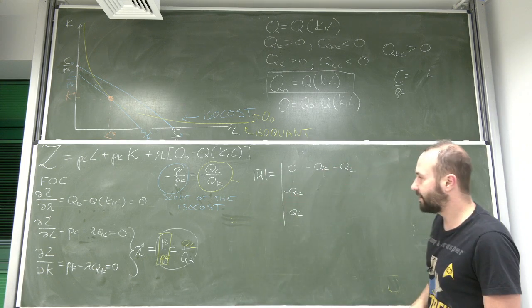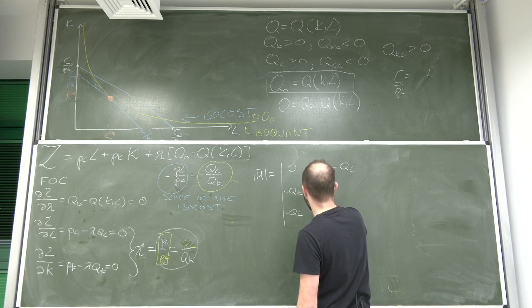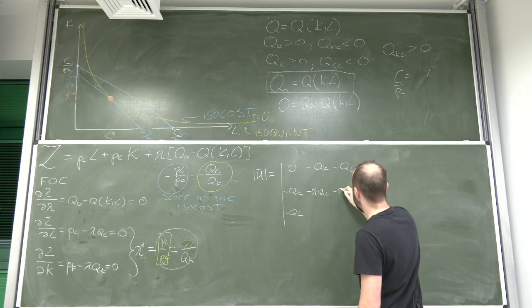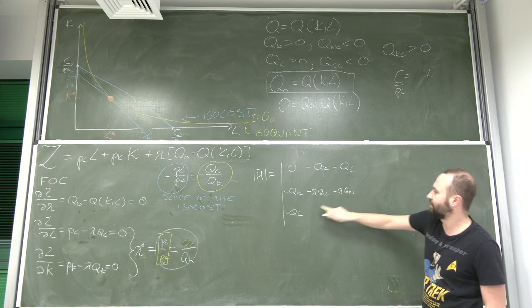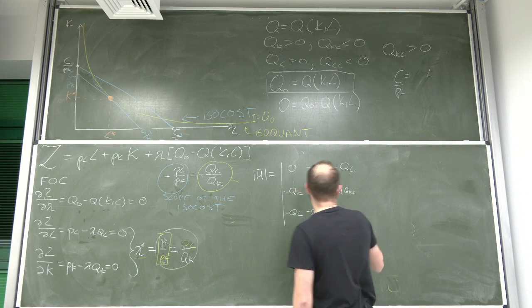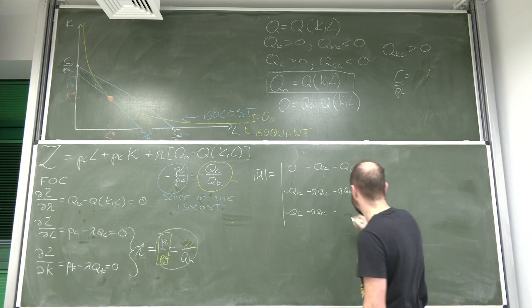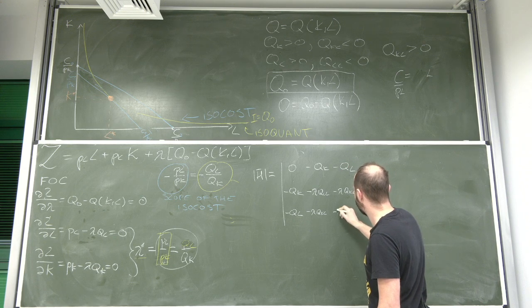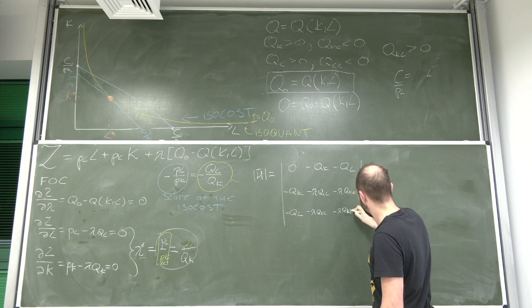Then over here, we've got negative lambda QLL, and here negative lambda QKL, and I'm going to do the same thing because I know it needs to be here. And finally, over here, we're going to have negative lambda QKK. Okay.